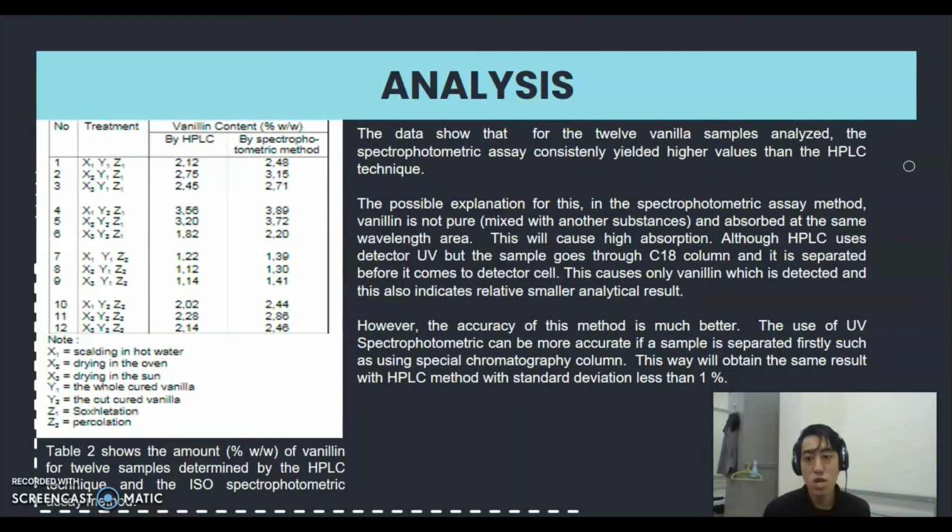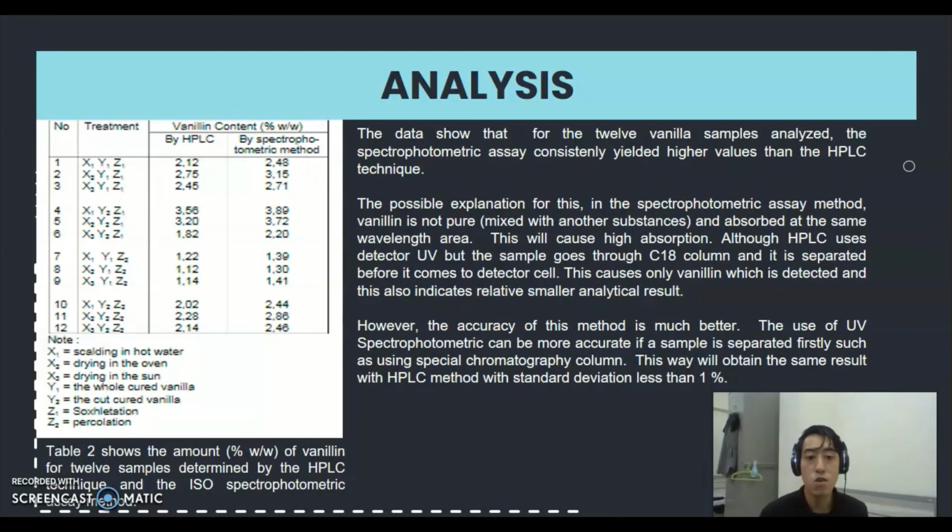Even though the HPLC technique uses a UV detector, the samples go through a C18 column and are separated before they come to the detector cells. This causes only vanillin to be detected, and this also indicates relatively smaller analytical results. However, the accuracy of this method is much better.